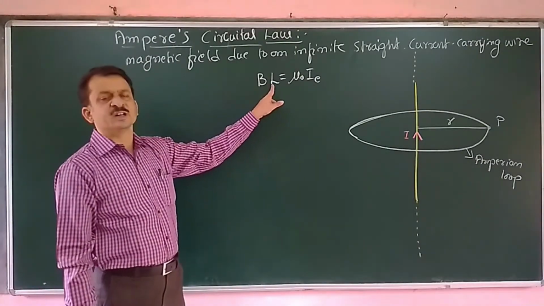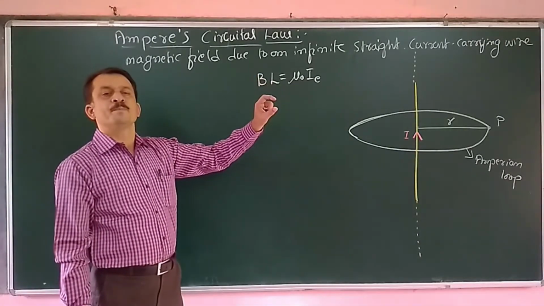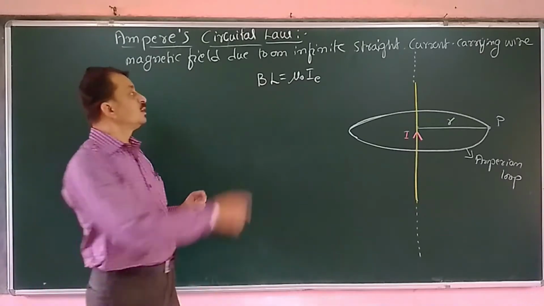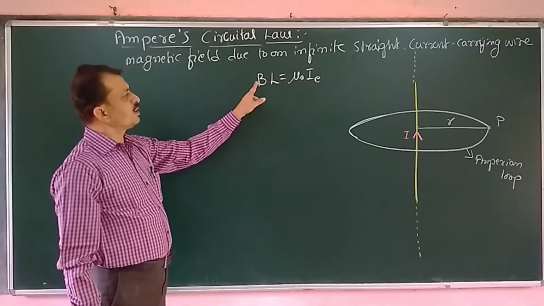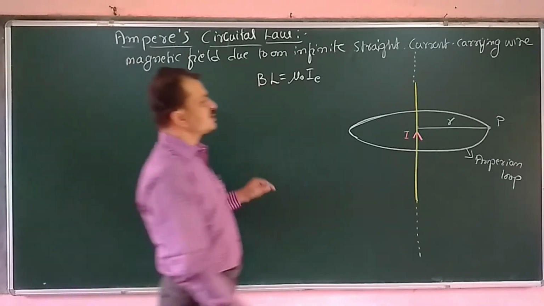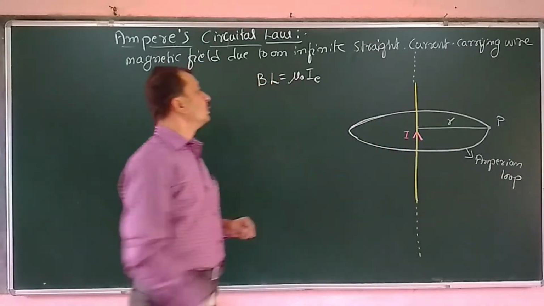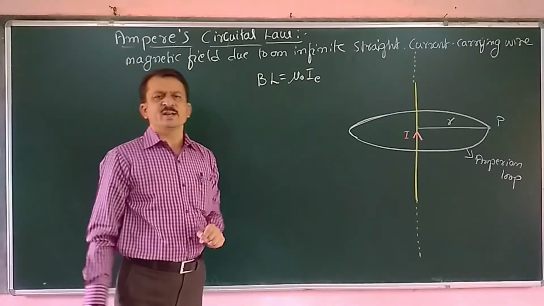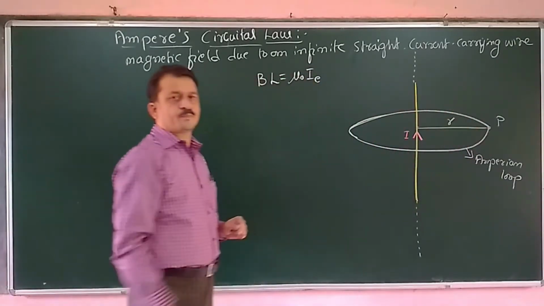Capital L here we have written. Earlier it is dL, the length of the current element with an integration notation. So here we have taken B into capital L. Capital L is nothing but the total length of the Amperian loop. Mu naught into I enclosed is the current enclosed by this Amperian loop.